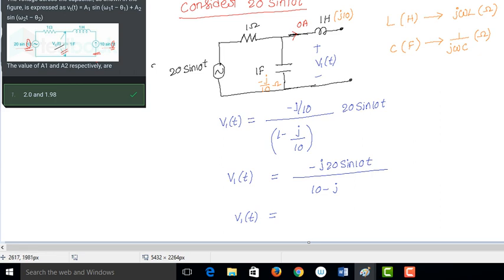So V1 of t is equal to: the amplitude is 20 by square root of 101, into sine of 10t.